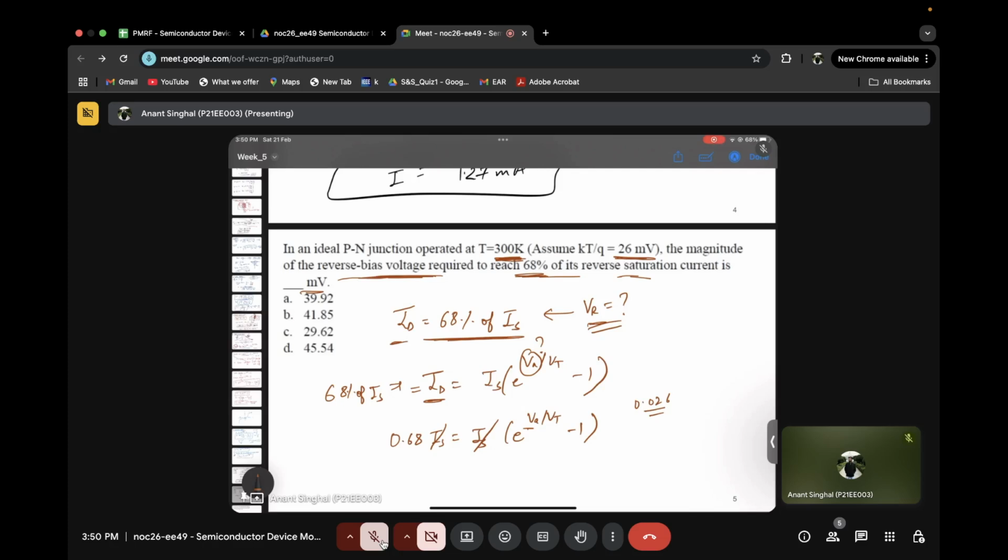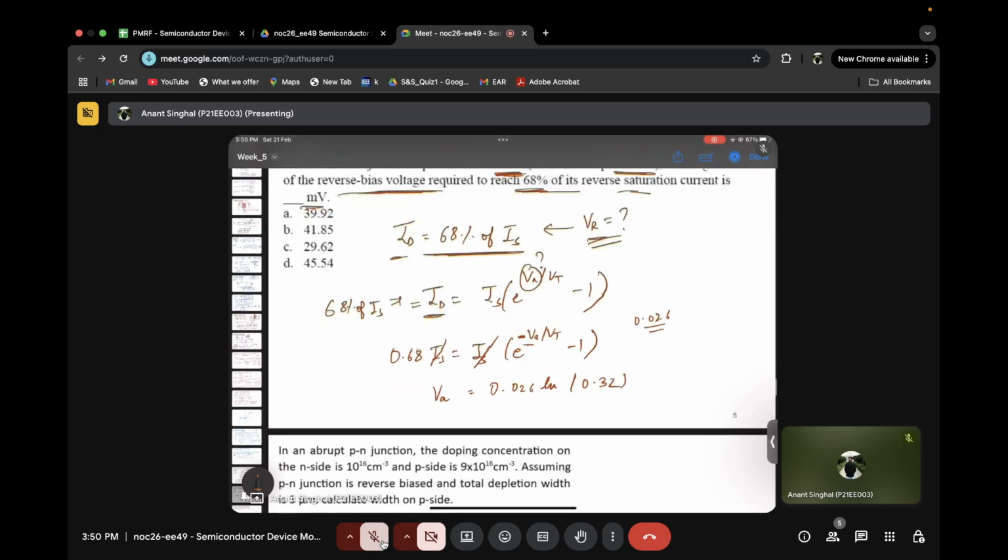So this should come out to be, since this is a negative voltage, 0.026 ln 0.32. You can again check the calculations.